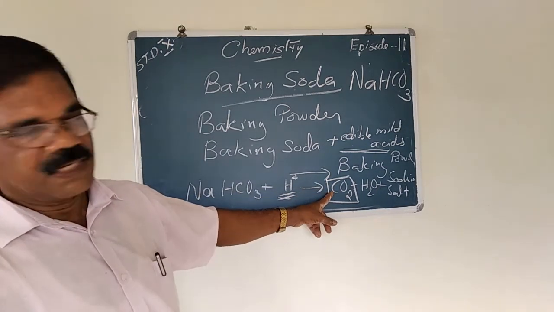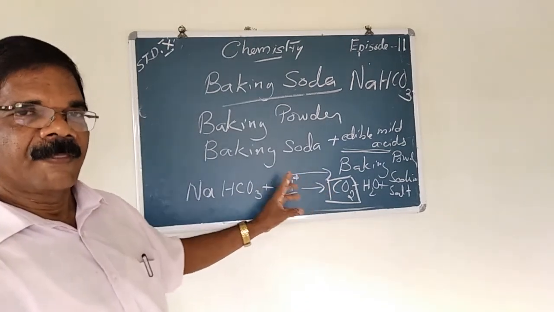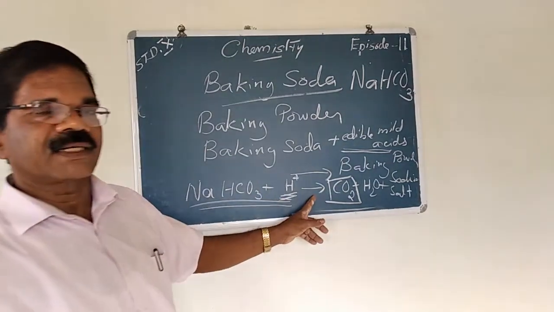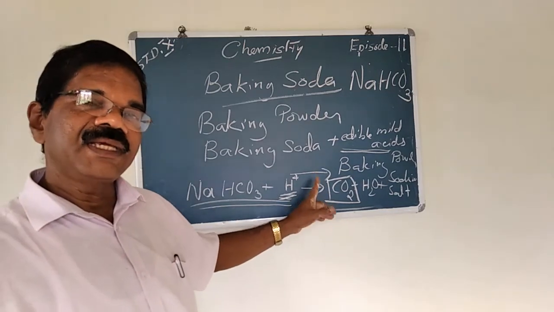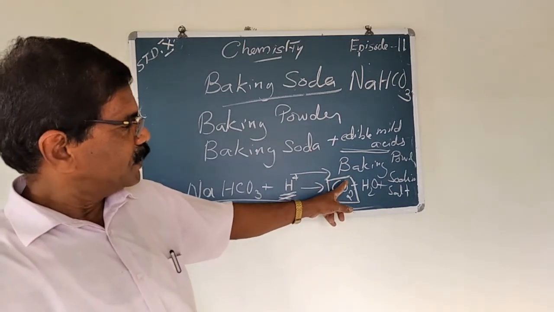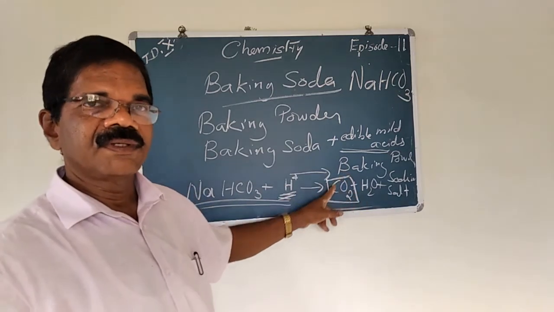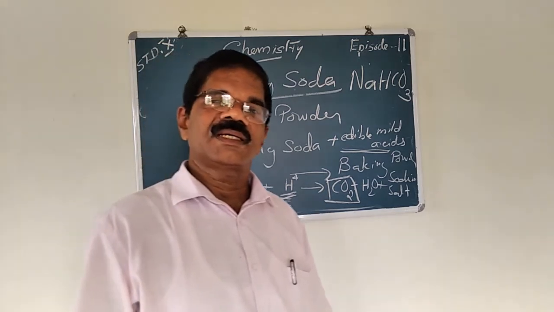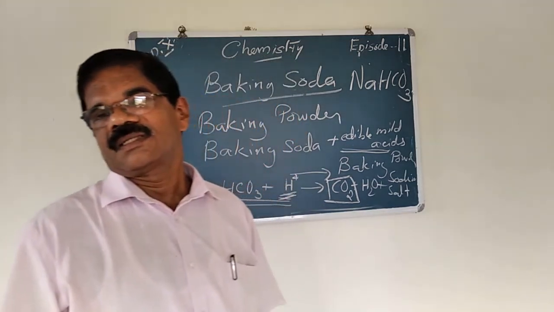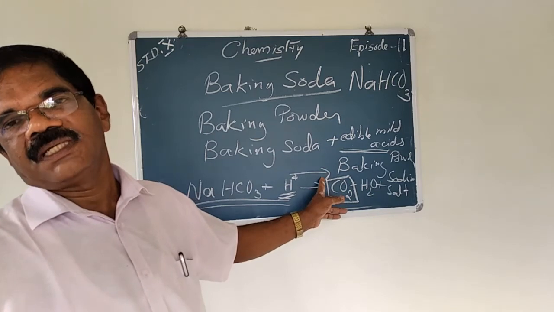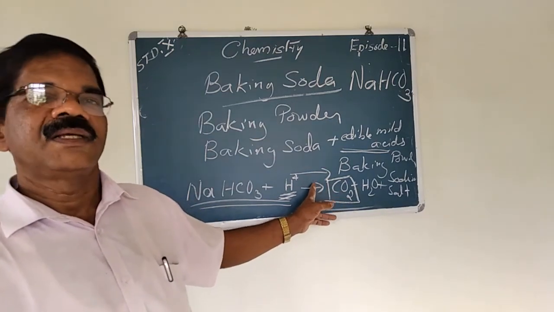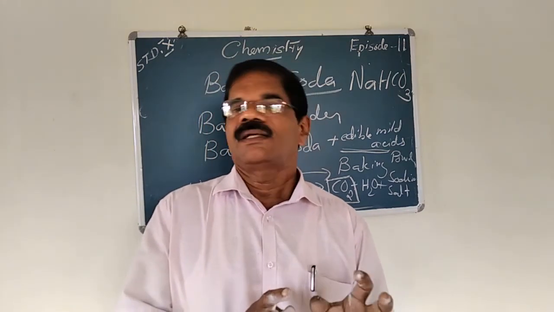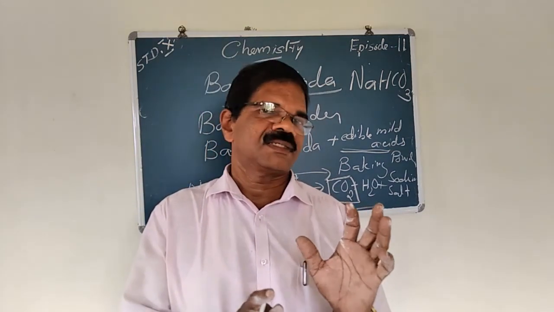When baking powder is heated or mixed with water, it produces carbon dioxide. This carbon dioxide helps in the rising of the cake, and it gives softness and a spongy texture to the cake. So today we have to study what are these four things?